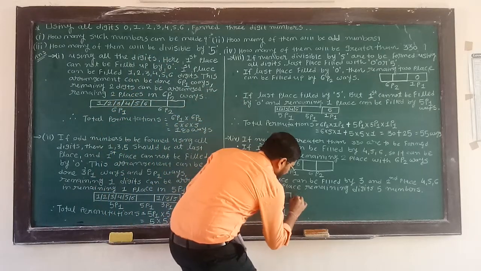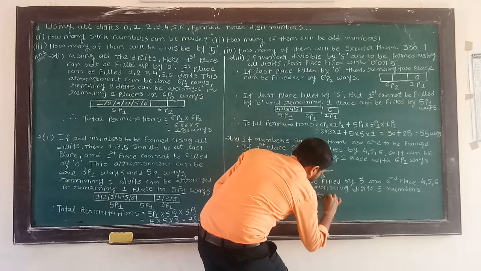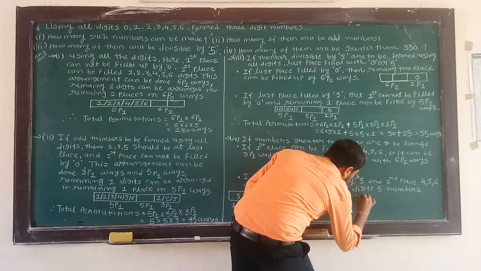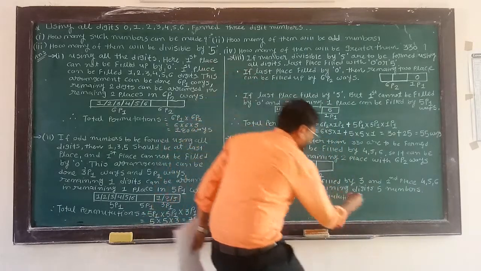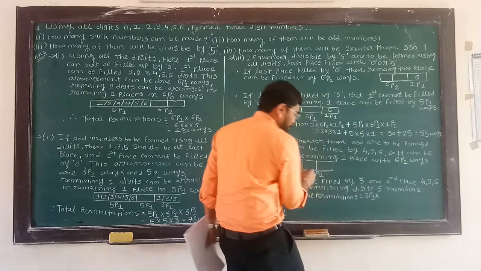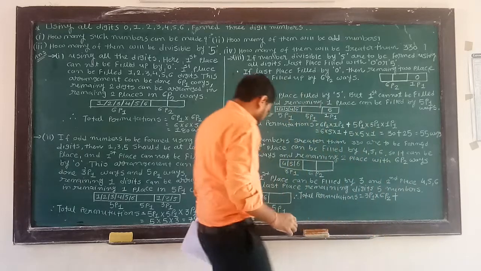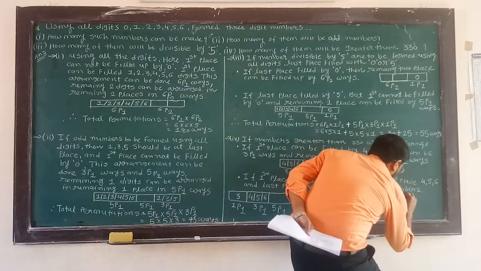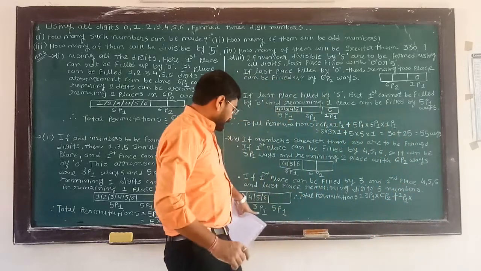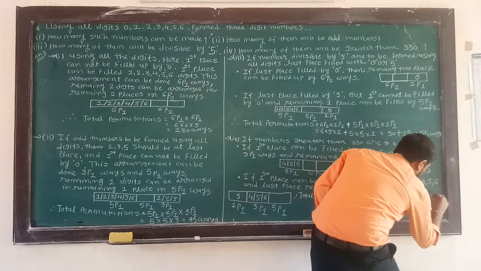So now we find total permutations. Option number 1, 3p1 into 6p2 plus here 1p1, 3p1 and 5p1.